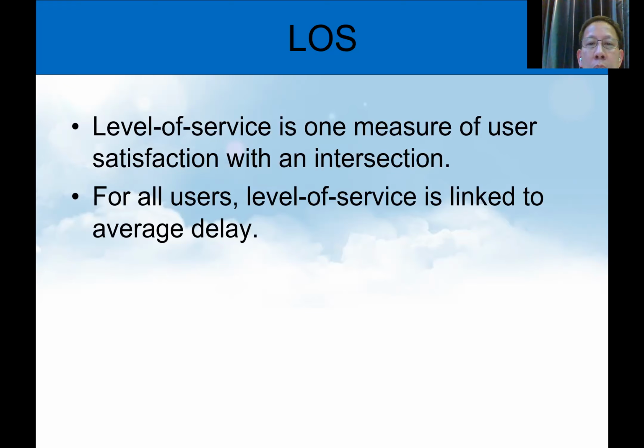However, the level of service at an intersection and at the mid-block have some differences. Here it is stated that for all users the level of service is linked to average delay.